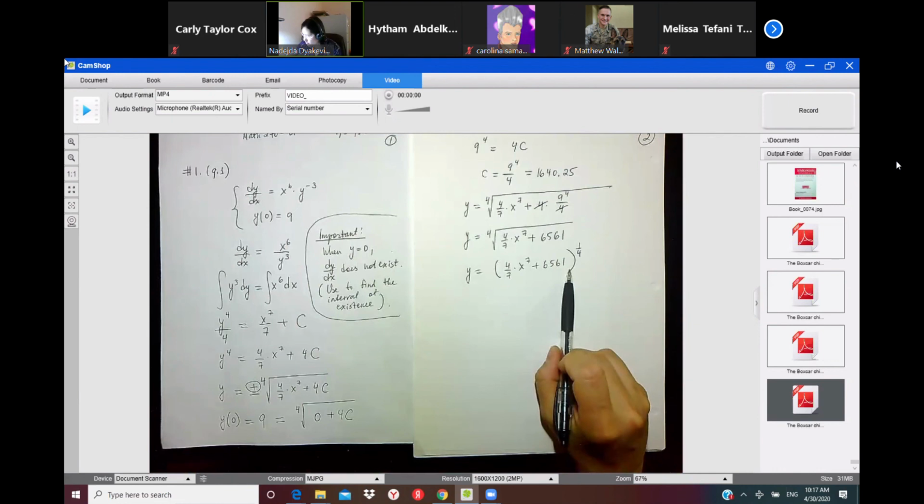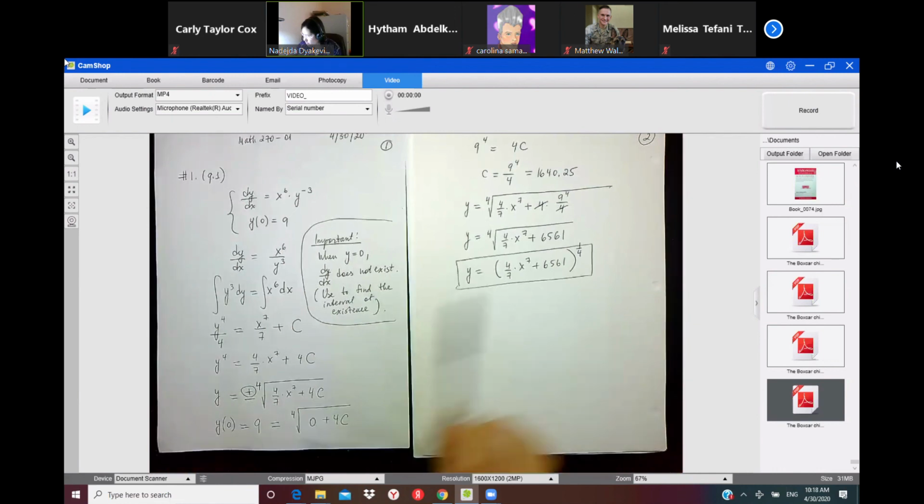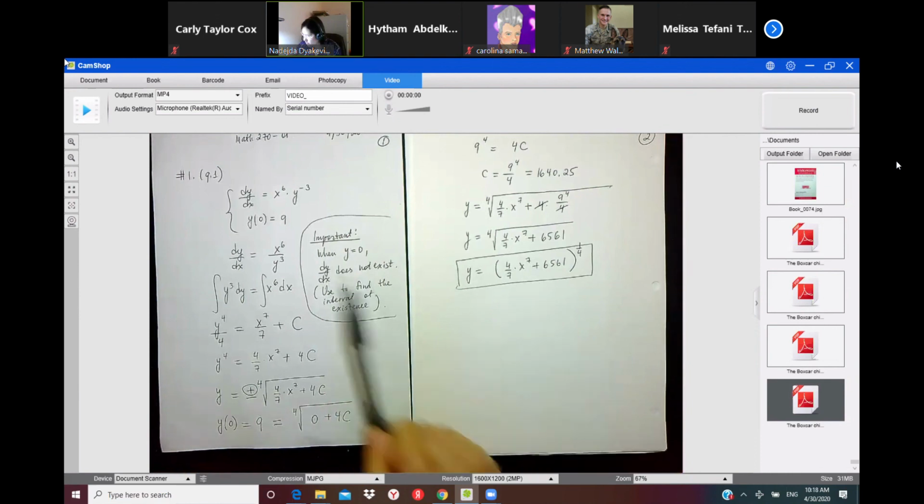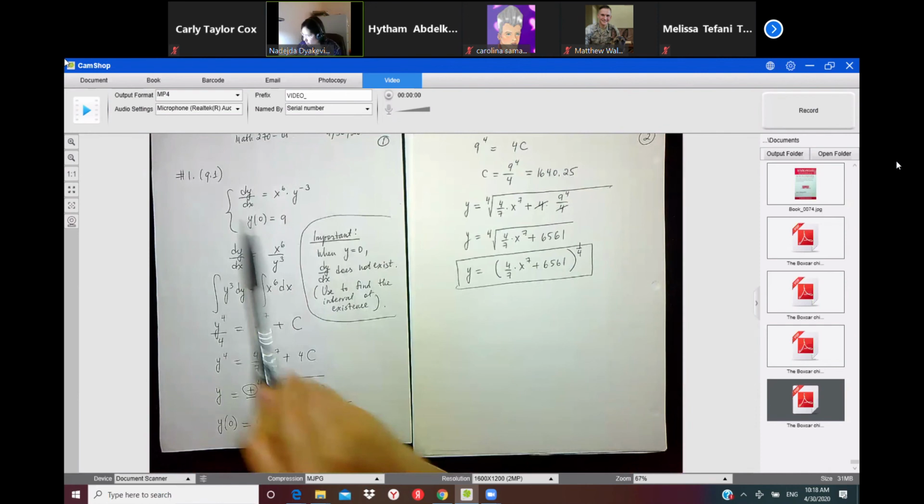However, let's keep in mind, we have a problem when y is equal to 0. So we need to find that x value for which this derivative does not exist. So we will set y equal to 0. Remember, we return now to this part here. We said y equals 0 is a troublemaker.